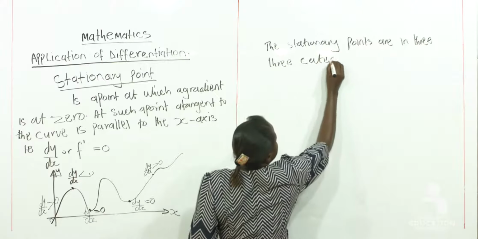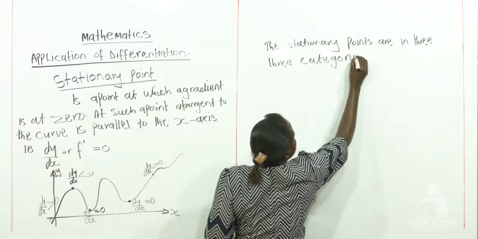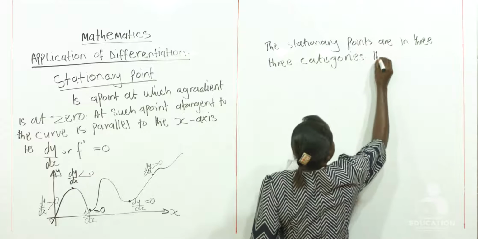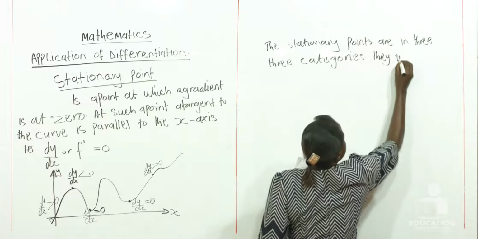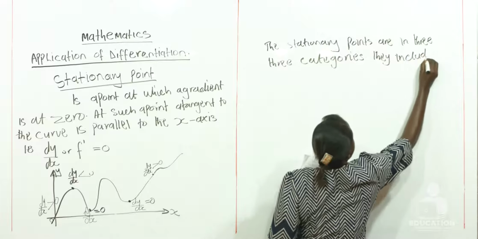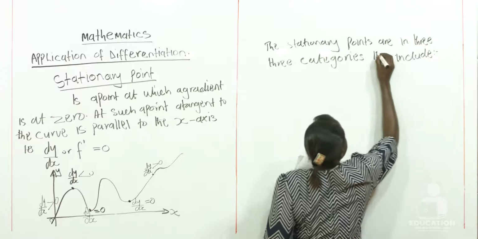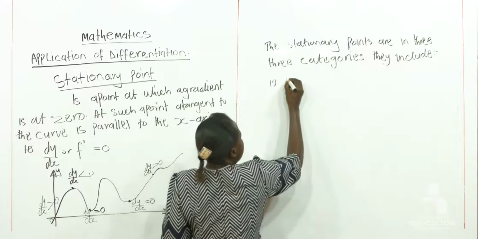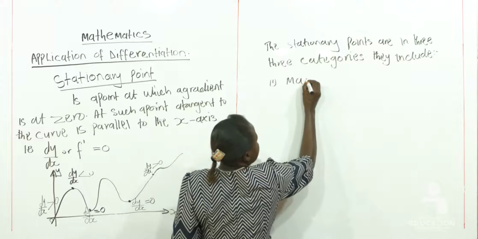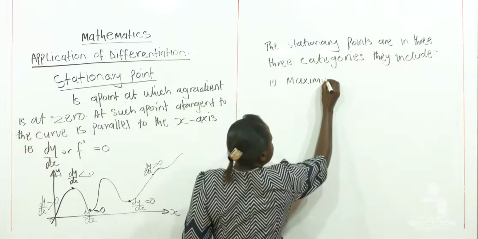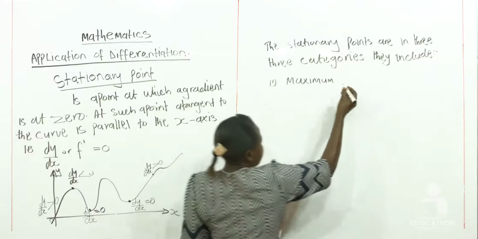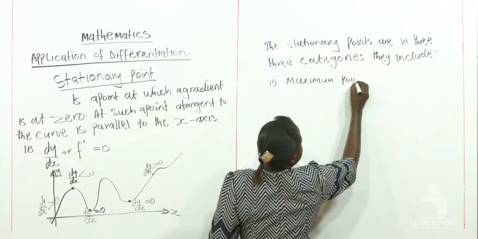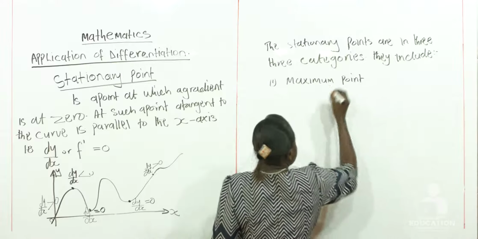They include: 1, we have maximum points or turn.